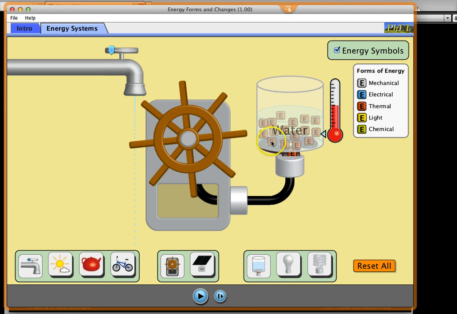So 1, 2, 3, 4, 5, 6, 7, 8, 9, 10, 11, 12. Okay, I make 1, 2, 3, 4, 1, 2, 3, 4, 5, 6, 7, 8, 9, 10, 16. Okay, there are 16 energy units in the water. Can you see that?